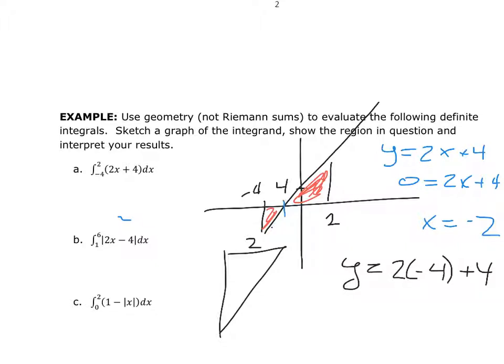So my y value is equal to what? -4. So the height of this triangle is 4. This is my left triangle.